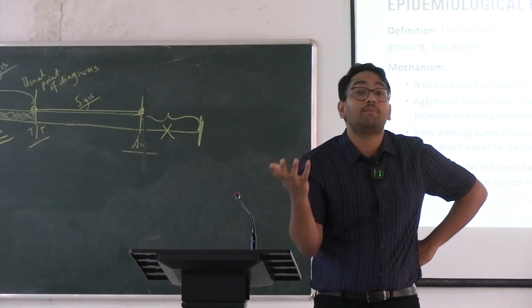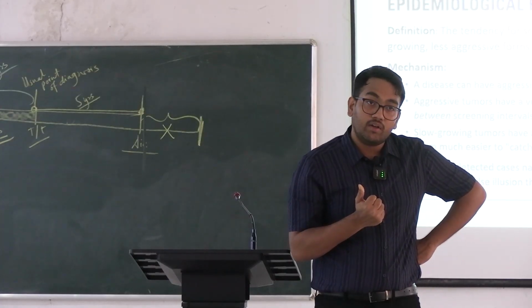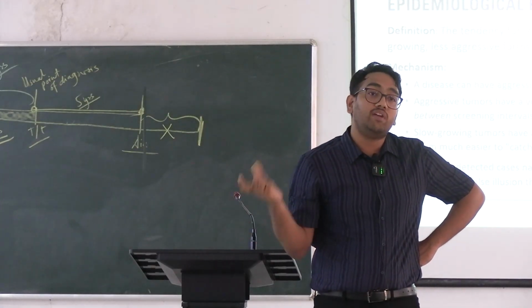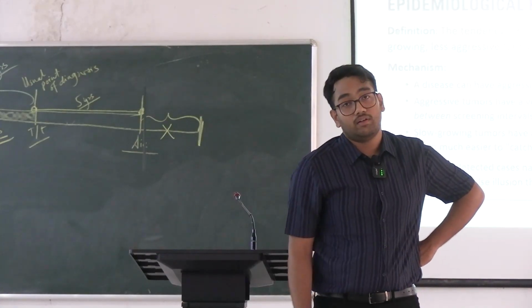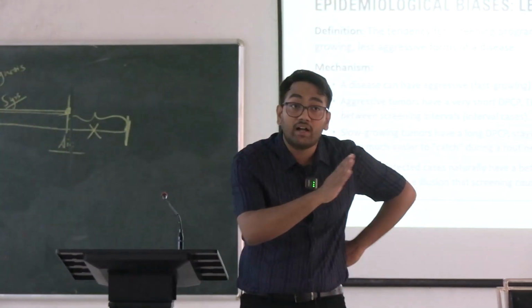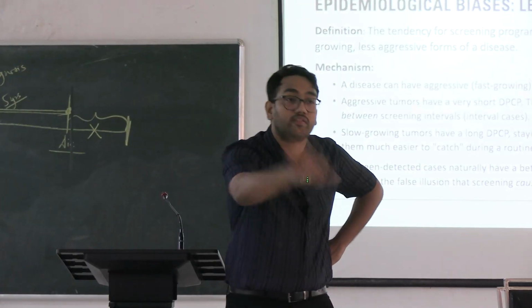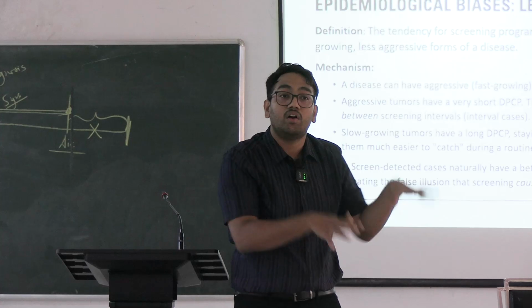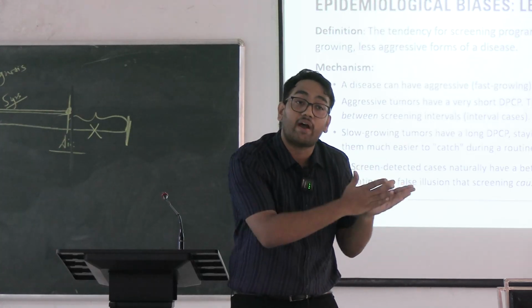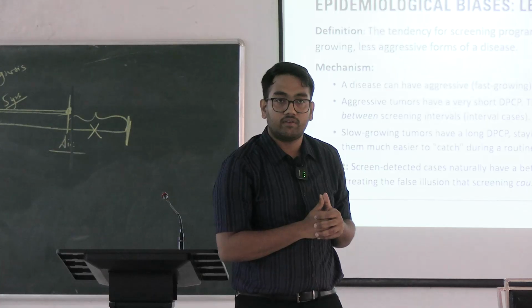Then we will not be able to detect that disease. So the screening program will only be able to detect the slow growing diseases and not the fast growing diseases. The fast growing diseases will be lost, and the screening program will detect only the less aggressive or the slow growing diseases which already have a better survival than the fast growing diseases.